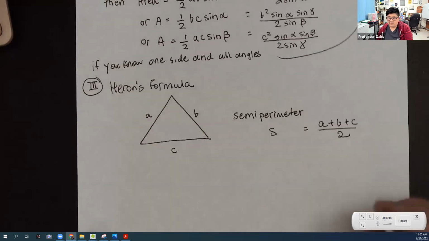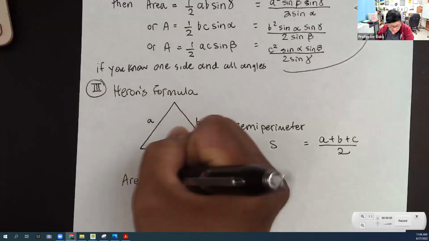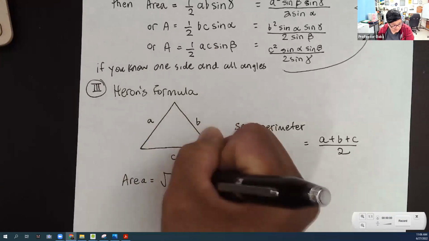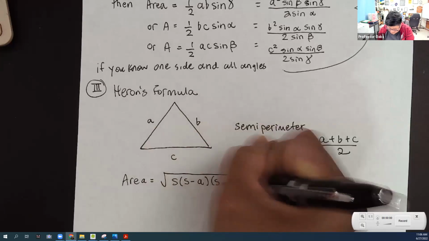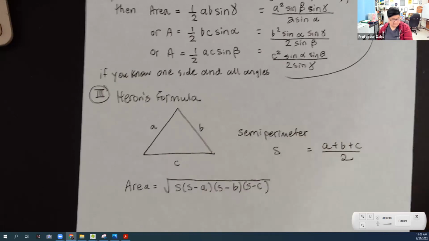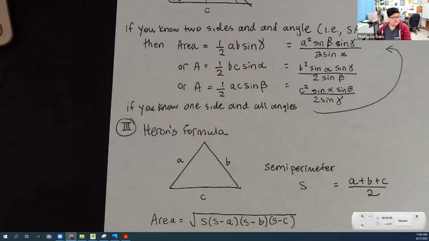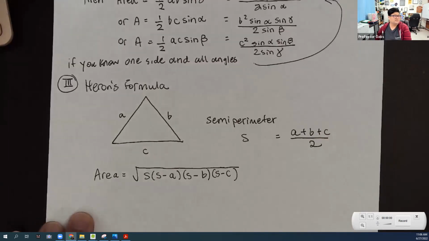And so then the area of the triangle will be the square root of S times S minus A times S minus B times S minus C. Now, I realize that is actually a little bit to remember.